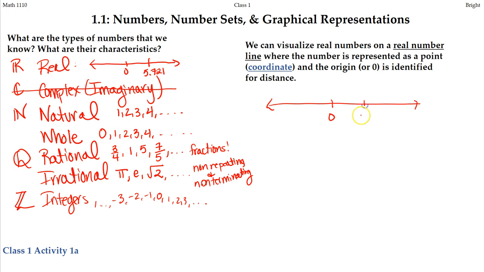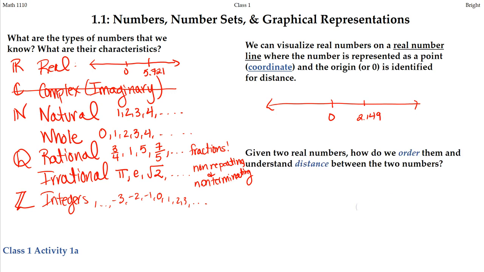And then if you have a real number, say like 2.149, put that on there with a label. Now, when we talk about real numbers, we know that intrinsically there's some order. I put 2.149 to the right of 0 because positive numbers go to the right of 0 and negative numbers go to the left of 0.